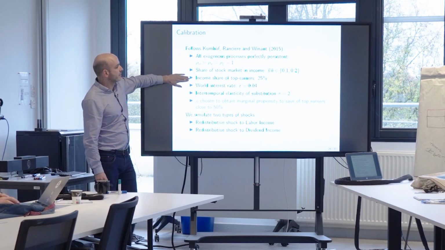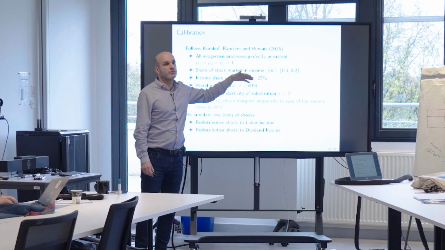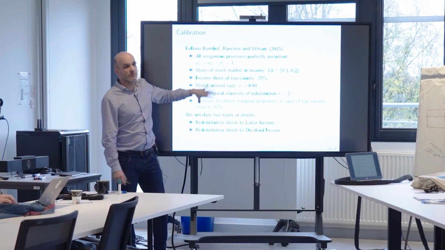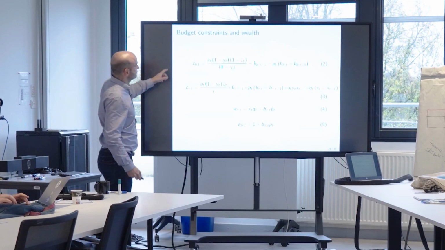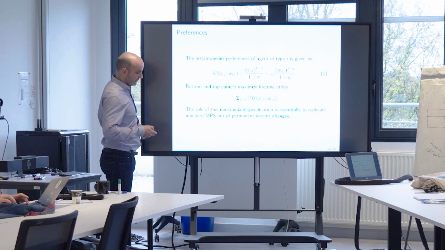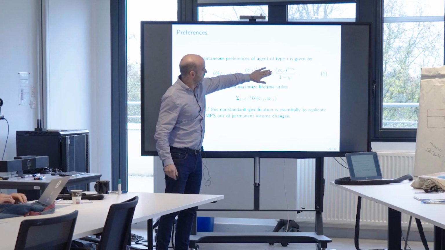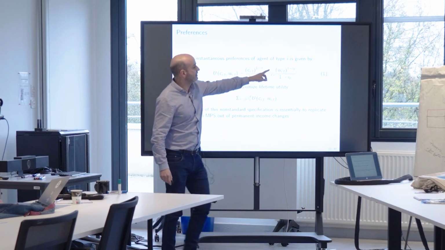And the income share of the top earners is 25%. So we calibrated this model basically on the US. World interest rate, 4%. Elasticity of substitution, 2%. And then the question is these exotic parameters of the utility function. So there was the phi here, the eta here.